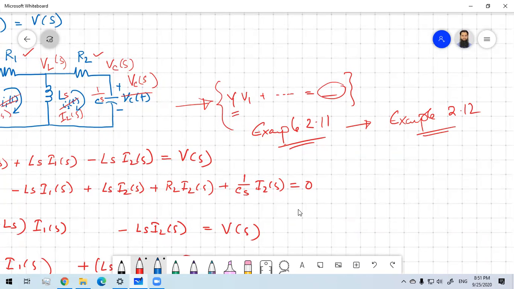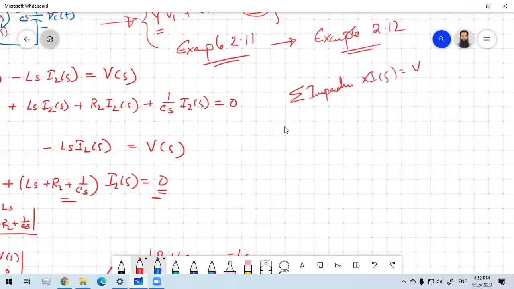In mesh analysis, the summation of the impedances times current equals voltage. For nodal analysis, the summation of the admittances times the voltage should equal the current in the node, or the summation of the currents in the node if you have a current source.